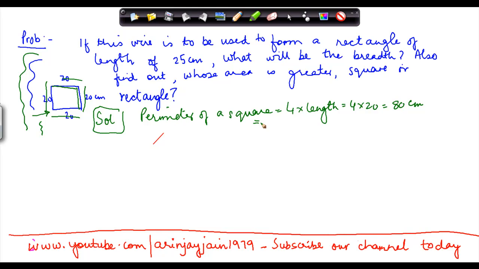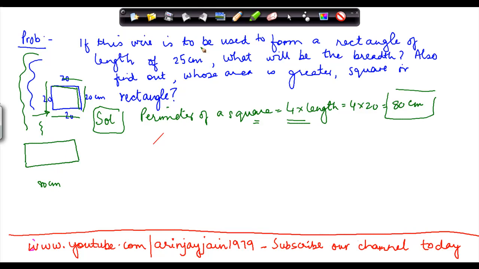Now we know with this for sure that you've learned this in your earlier classes, and in the earlier videos also this is available, that perimeter of a square is 4 times its length. We know that the length is 20, so the total length of the wire is 80 centimeter. Now, even if I twist it and make a rectangle out of it, the total length would remain 80 centimeter only.